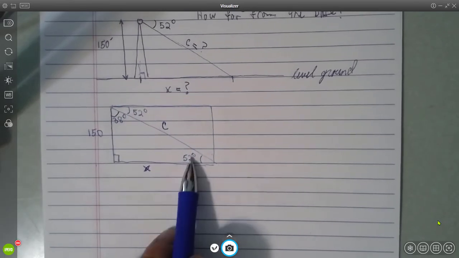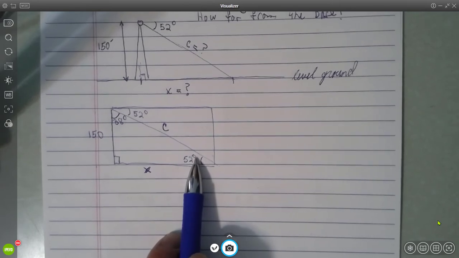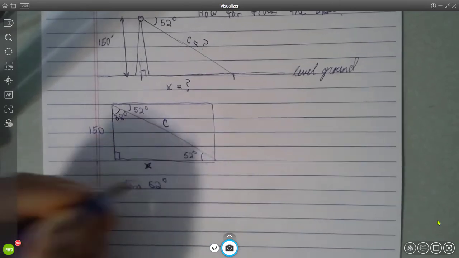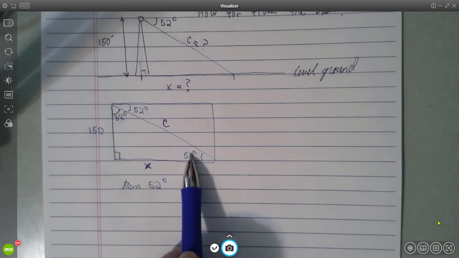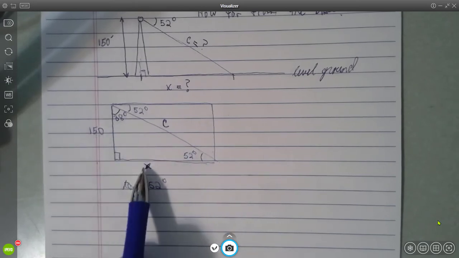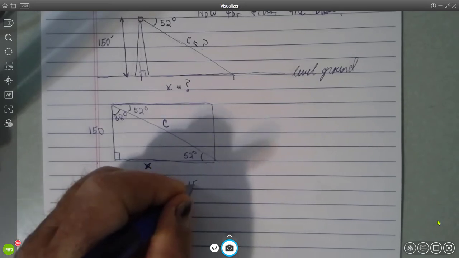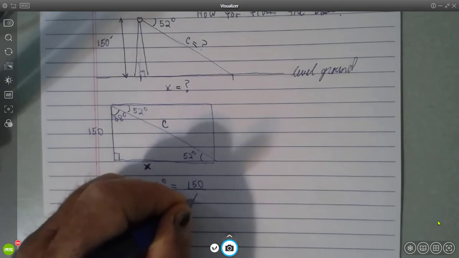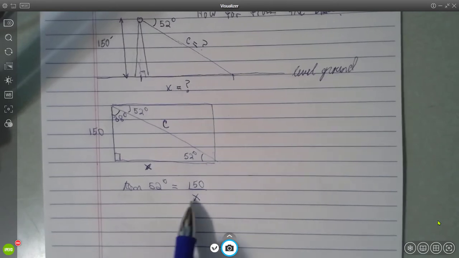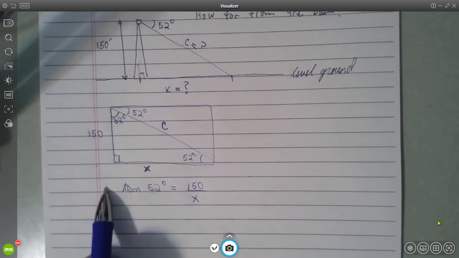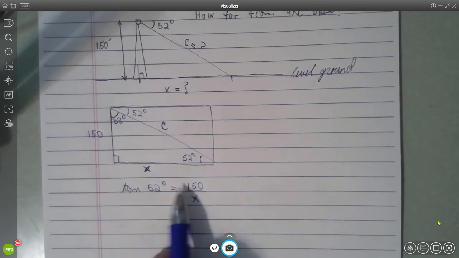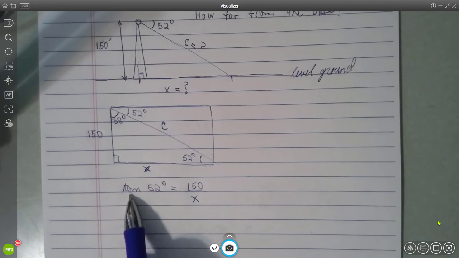Okay, let's see if we could compute one of these two. How about this? We know that the tangent of 52 degrees is the length of the opposite side divided by the length of the adjacent side. So we could multiply both sides by x to get the x up here, and divide both sides of this equation by tangent of 52 to bring the tangent of 52 degrees down here.